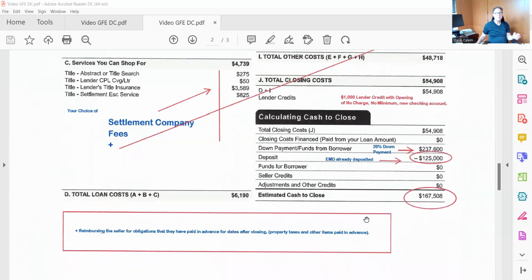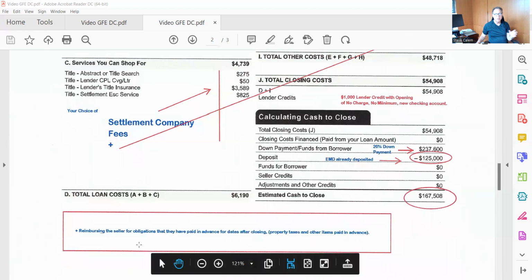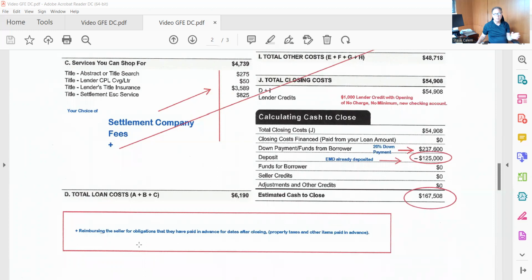Okay, lastly, there's one other thing that's not a fee, but it is an obligation. When you own the home, then you have to pay for the insurance, I said already, and the taxes and maybe the utilities or whatever else the seller may have paid in advance. The seller paid maybe for the taxes in advance, but now you own the home, so you have to reimburse them for that number.